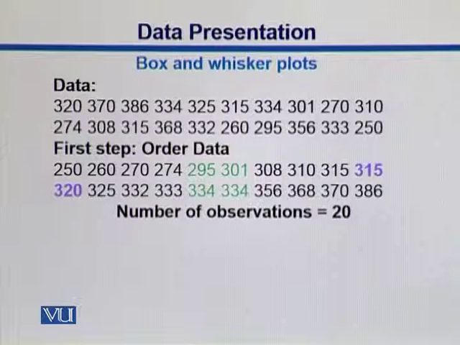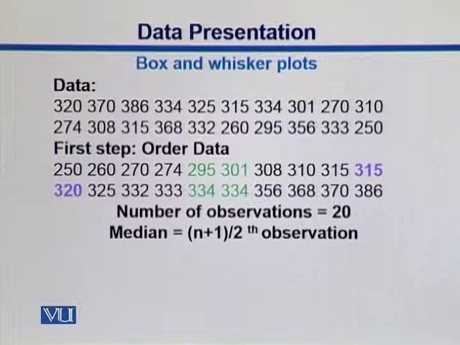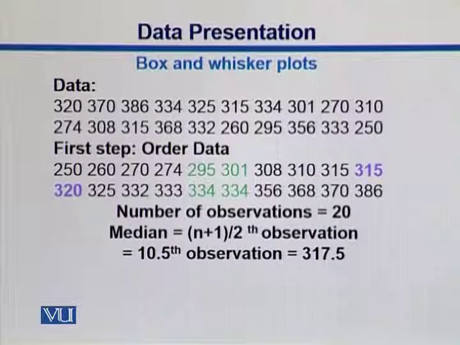Since the number of observations is even, we take the median as the average of the 10th and 11th values, using n plus 1 divided by 2. If it's an odd number, you can simply use n by 2. So that is actually our 10.5th observation.